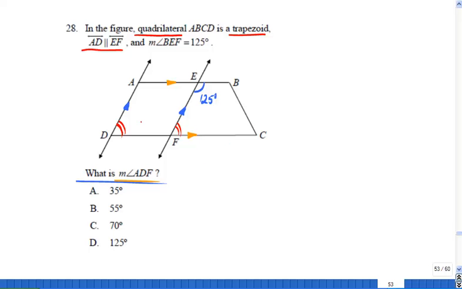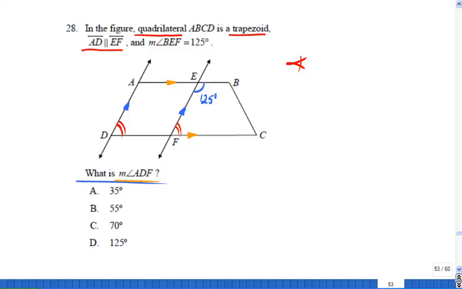You guys got it, right? They're nothing else but corresponding angles. Which means what? Angle ADF and angle EFC are congruent.